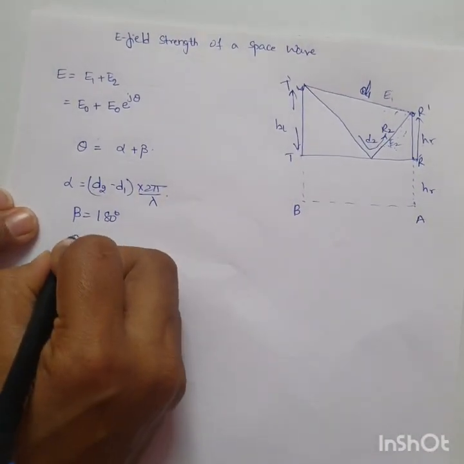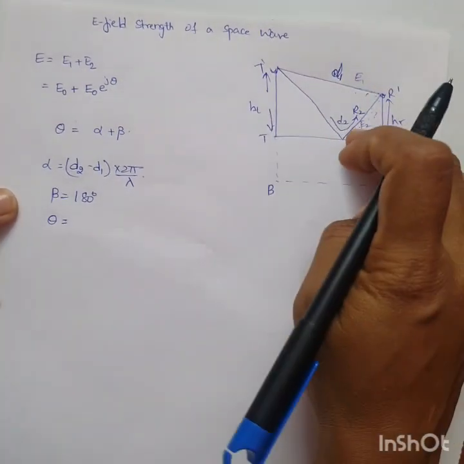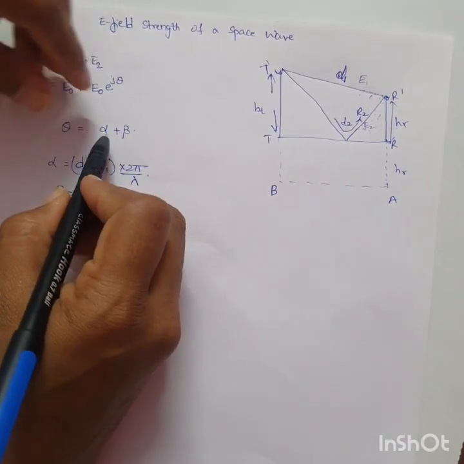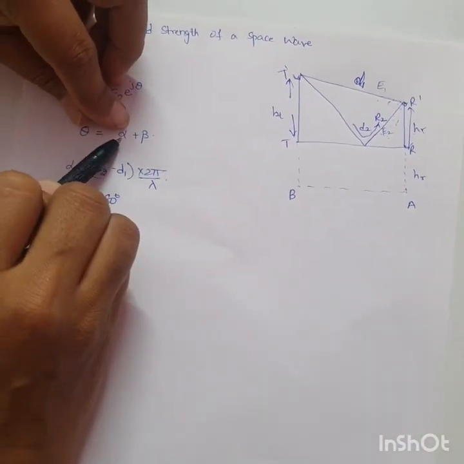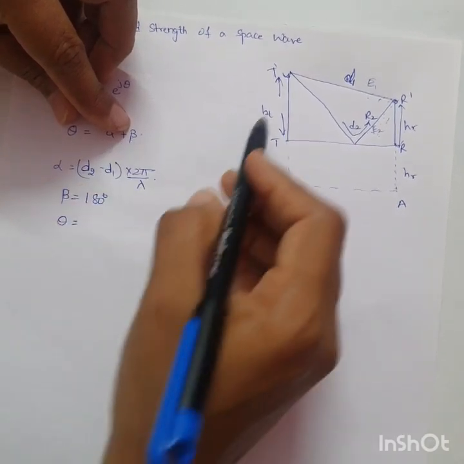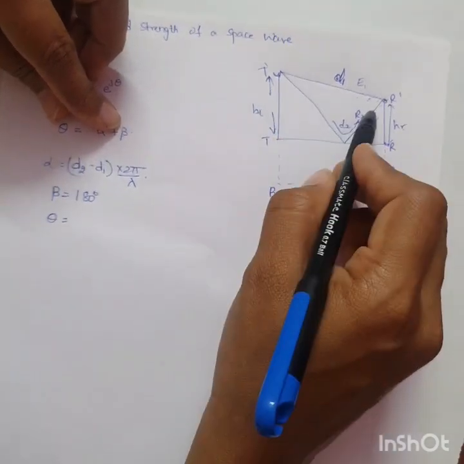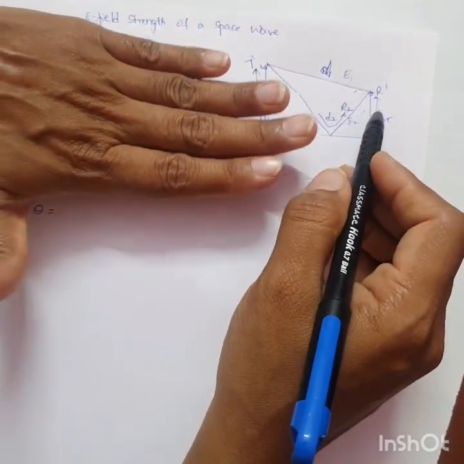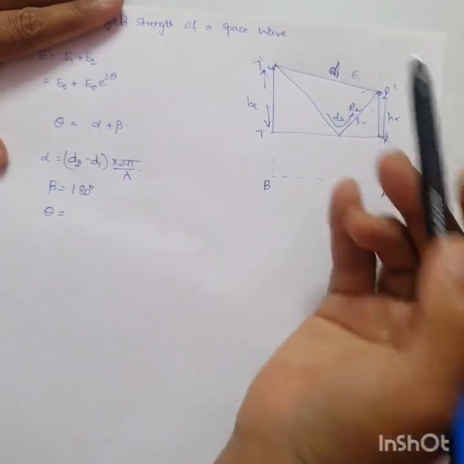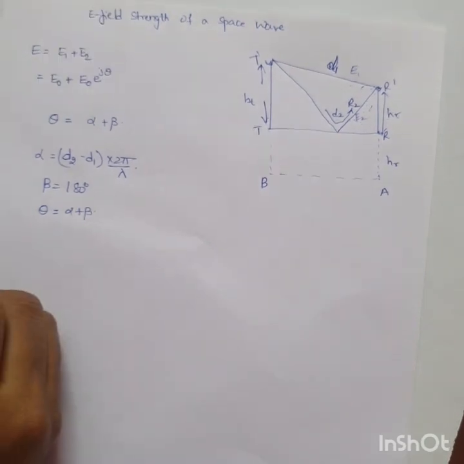The total phase difference between the path 1 and path 2 electric fields is the sum of the phase difference due to the path difference and the 180 degrees phase reversal because of the reflection. The reflected wave will always have a 180 degrees phase difference when compared with the direct wave. So the angle is alpha plus beta.